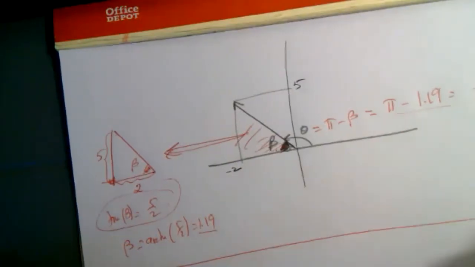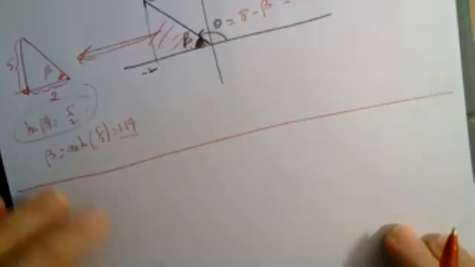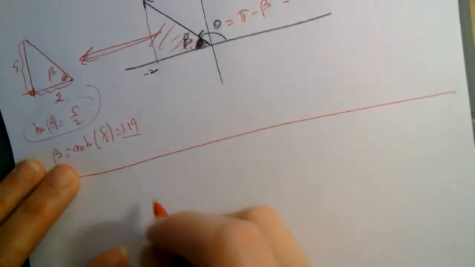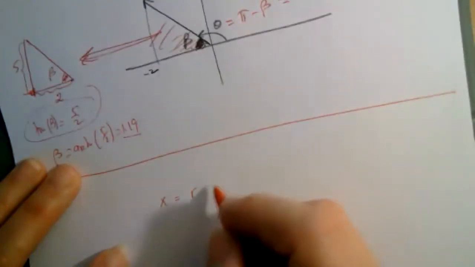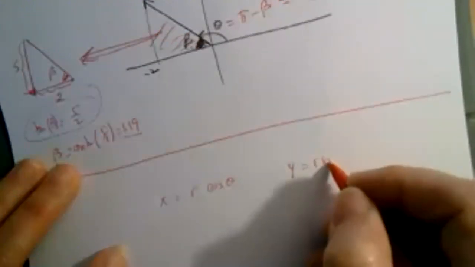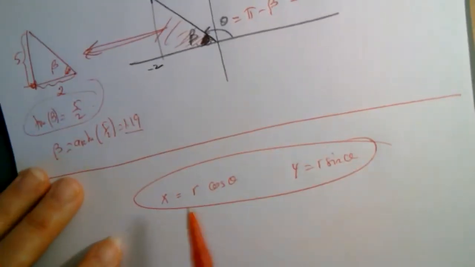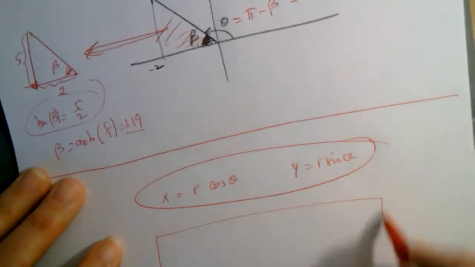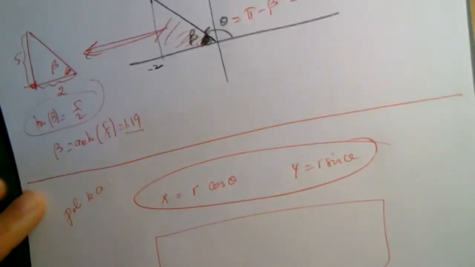Okay. So this is the relationship between the x and y coordinate and the r and theta. x equals r cosine theta, y equals r sine theta. Those are very easy to use. If you have the r and the theta, you can find the x and the y. Now that's polar to Cartesian.